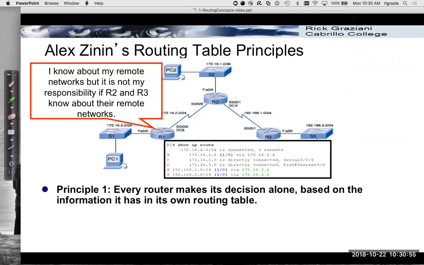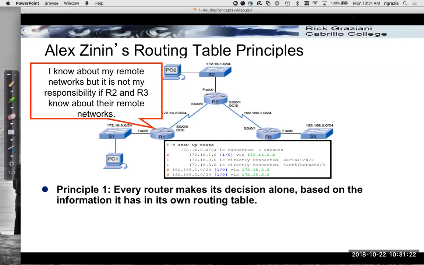Okay, I want to just mention one last thing, and that's Alex Zenon's routing table principles. Because I think as we go through routing concepts, you learn more about static routing, excuse me, and dynamic routing protocols, these are really important principles to keep in mind. First of all, principle one, every router makes its decision alone based on the information it has in its own routing table.